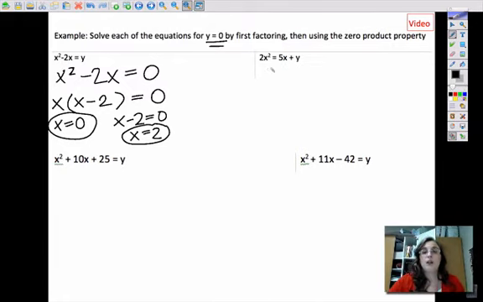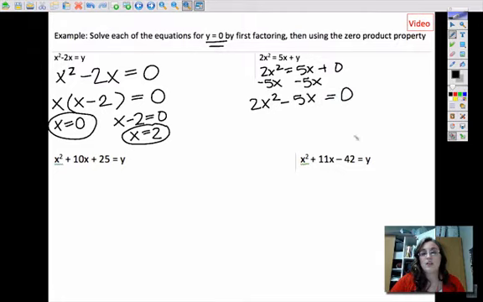Okay, for my next one, I'm going to have 2x squared equal to 5x plus 0. I want it to be equal to 0 on the right-hand side, so I'm going to move everything from the right over here. So I'll get 2x squared minus 5x equals 0. In this case, there's also an x in both terms, so I'm going to take the x out front.